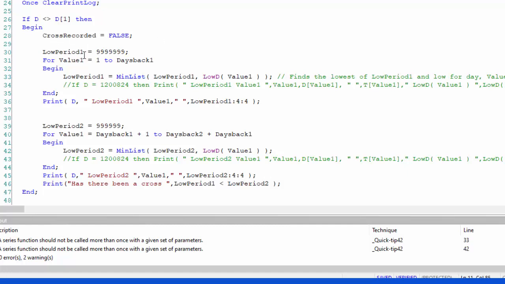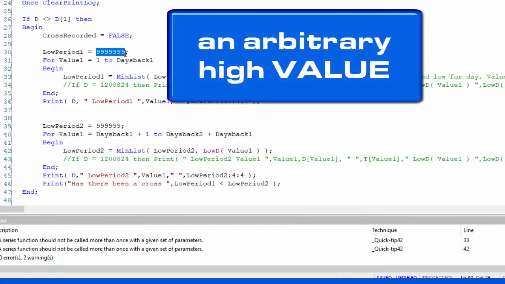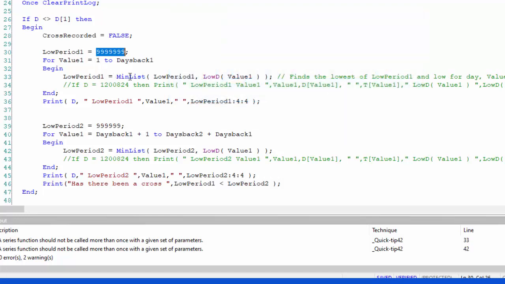Low period 1, we first of all find the low of the first period, and we need to set that value to an arbitrary high number. Because our logic is going to be, we're going to go through each day in that period, and we're going to say low period 1 is equal to the lesser of min list, low period 1, and low D with the input as value 1.